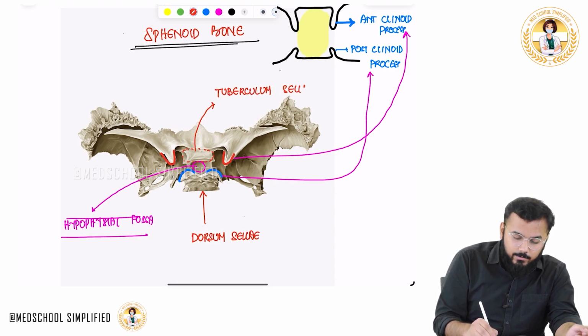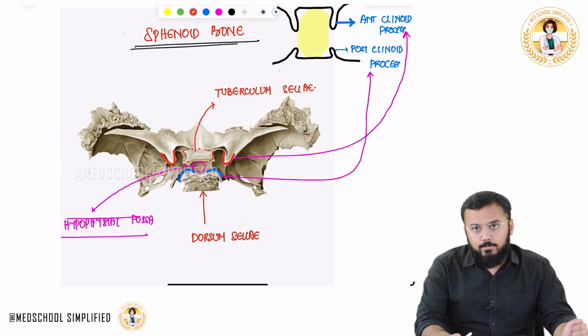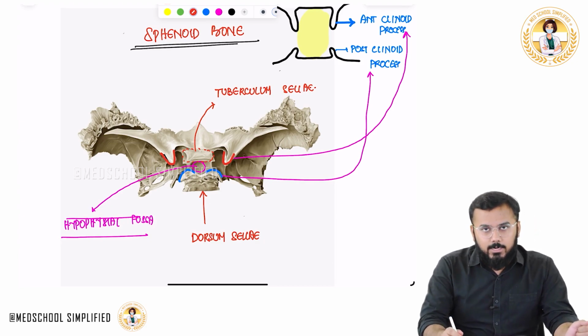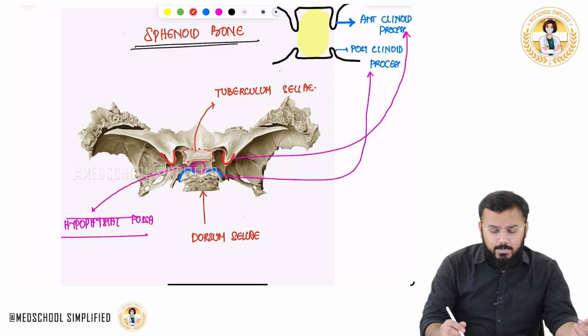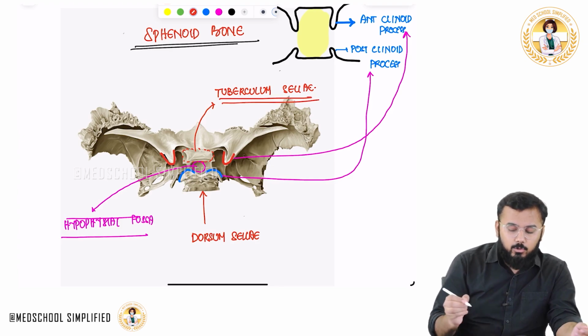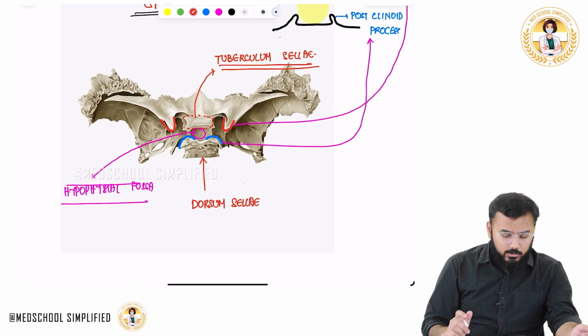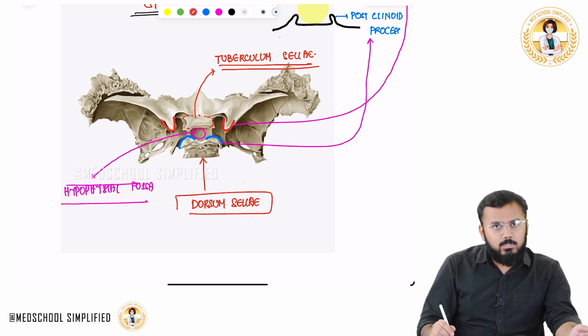Now, if I ask what structures surround the hypophyseal fossa: anterior to the hypophyseal fossa, or the anterior wall of the hypophyseal fossa, is formed by the tuberculum sellae. If I ask what the posterior wall is formed by, can I say the dorsum sellae? The posterior wall is formed by the dorsum sellae.